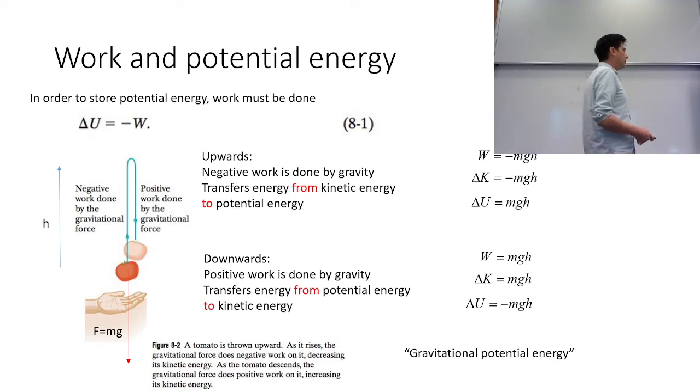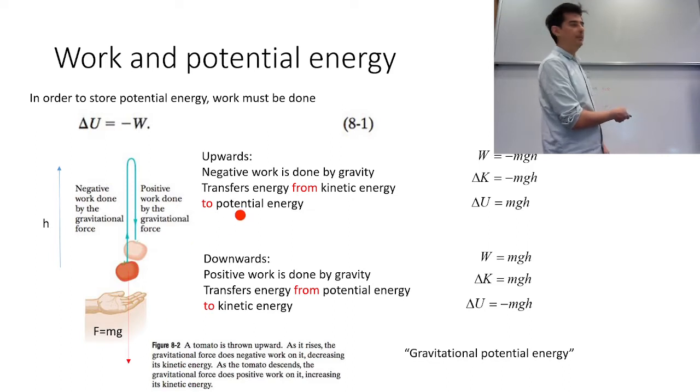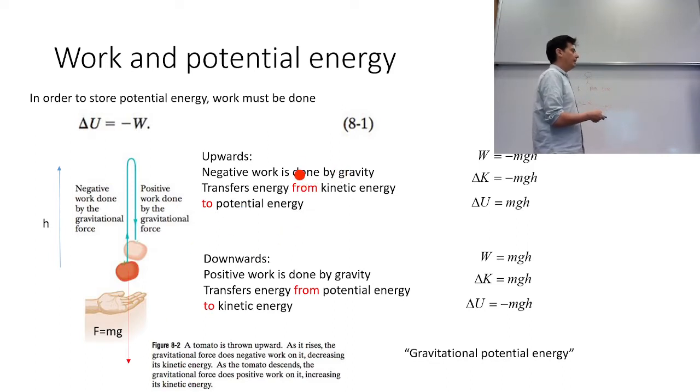On the way up, it's displacing up, so the movement is up, but the force of gravity is down. So negative work is done by gravity, because the force and the displacement are in opposite directions. According to the kinetic energy work theorem, the kinetic energy change is negative mgh.